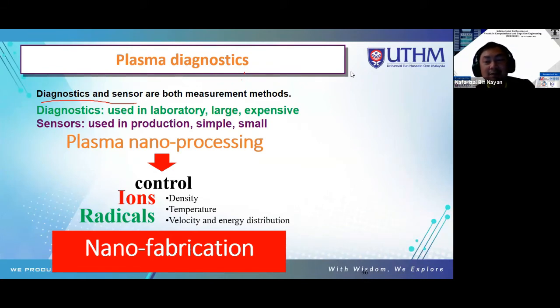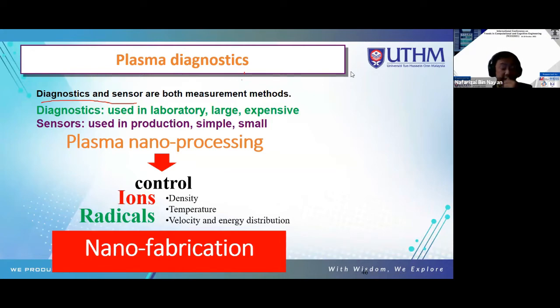You have a car, you have a motorcycle. Of course, in the engine there are a lot of sensors. Most of the time the sensor will be very low cost, but a diagnostic is something that is very bulky and much more expensive.